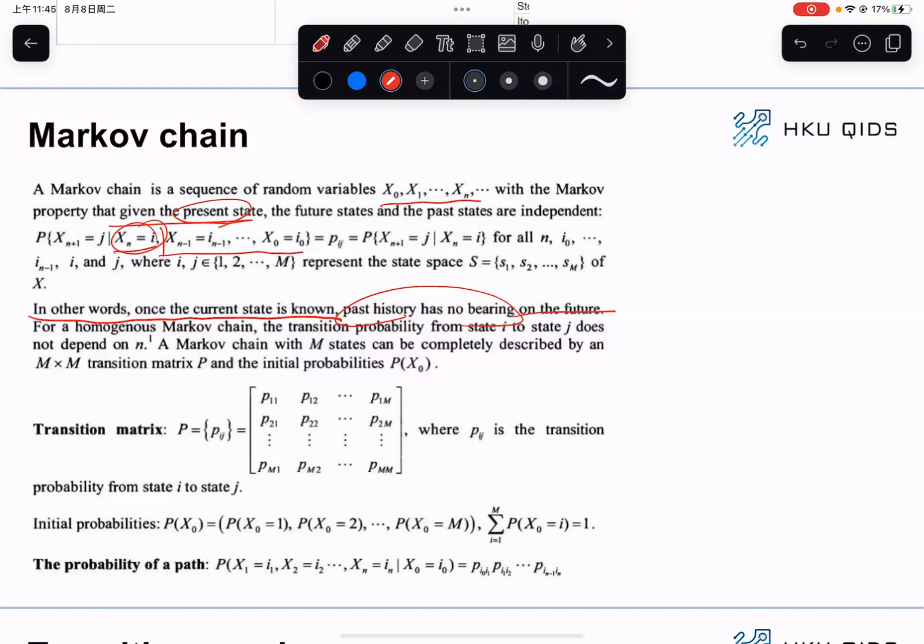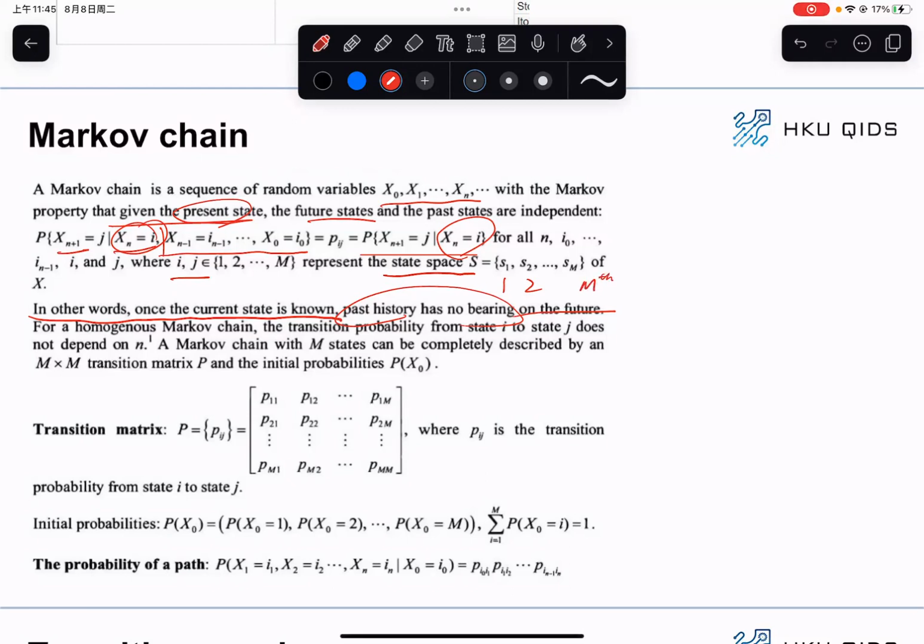And if we also have the historical states, the past states, the future state, let's say n plus 1, should be equal to only conditional on the current state. And these i and j from 1 to n represent the state space, where this is the first point, this is the second point, and this is the nth.